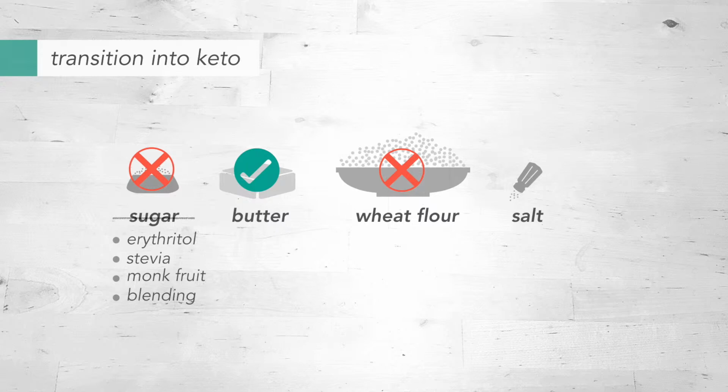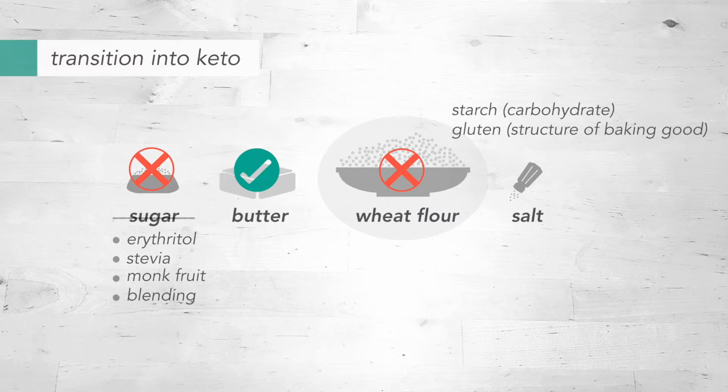What I found tricky and most challenging is the flour part in keto baking. Wheat and other grain flours are not suggested, since they have a lot of starch, carbohydrate. Wheat flour contains a protein called gluten, which importantly forms the main structure of any traditional baked good.